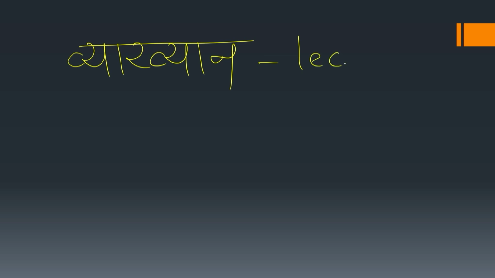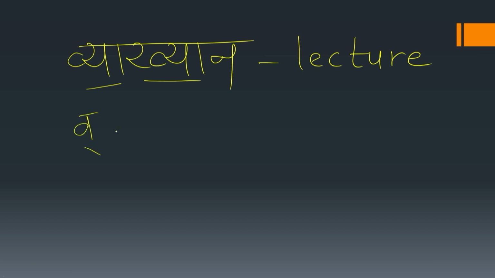Now let's take another example of word Vyakhyan. Here we find two conjuncts, Vya and Khyan. Vyakhyan means lecture. Vya and Khyan. These are two conjuncts here.